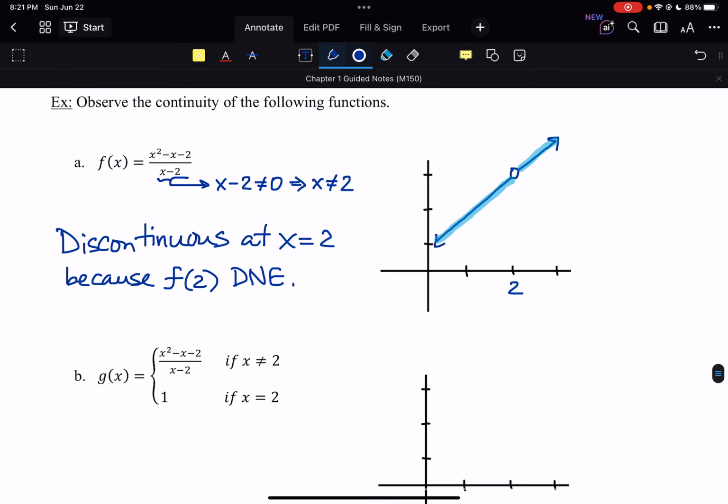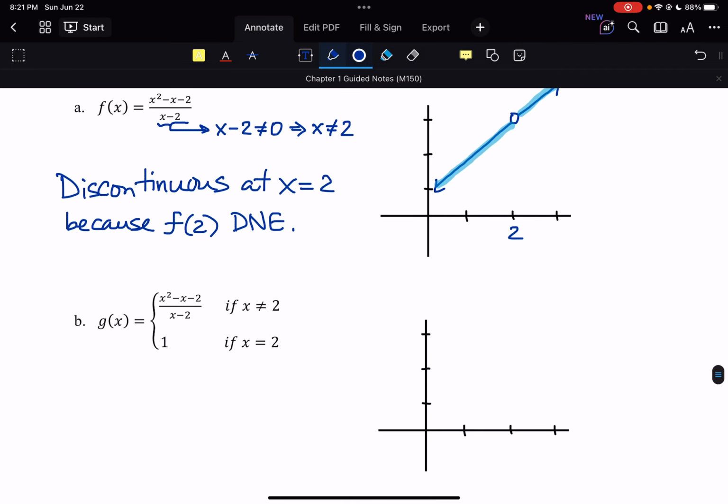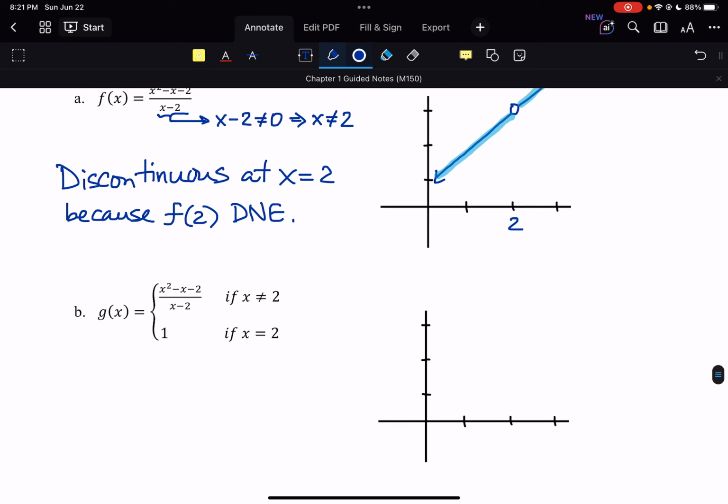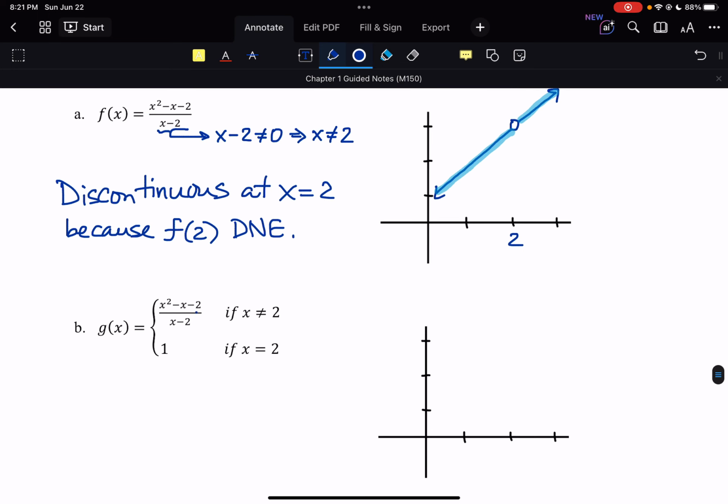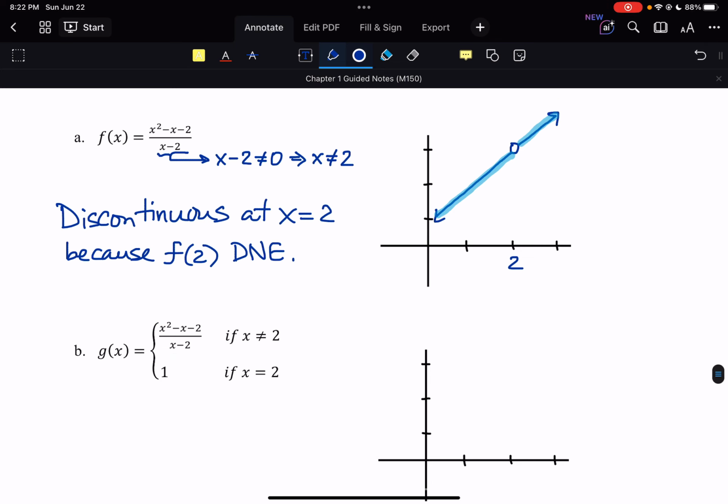Now, if we look at part B for g of x, notice that this is a piecewise function. So we have this function if x is not 2, this function if x is 2. But notice the first function up here is the same as part A. It is the same function.